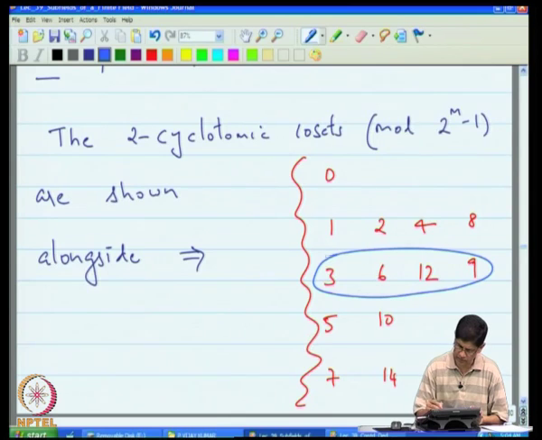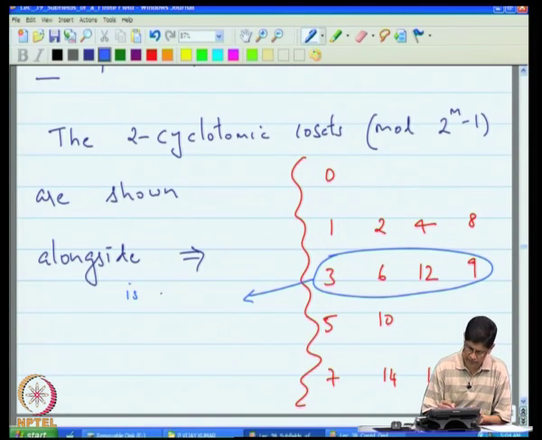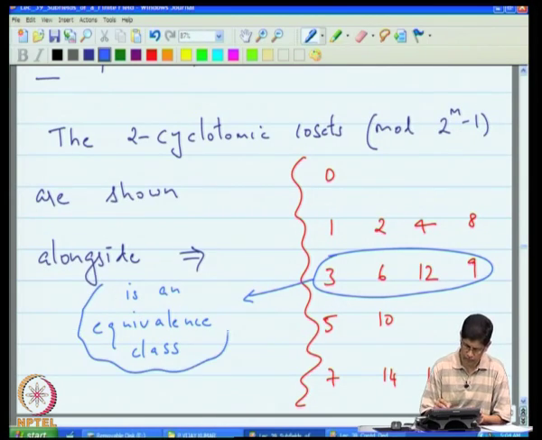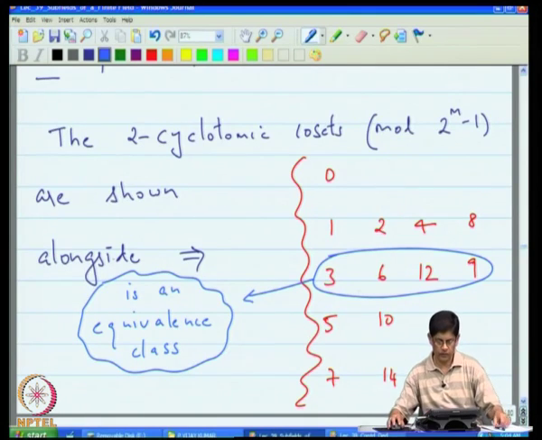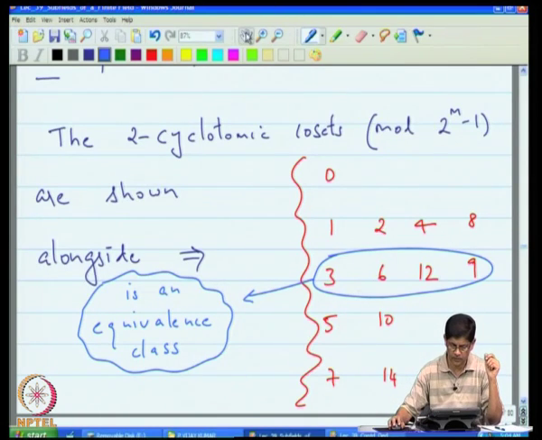So, for example, this thing here is the equivalence class containing 3. Similarly, there is another equivalence class which only contains 0.